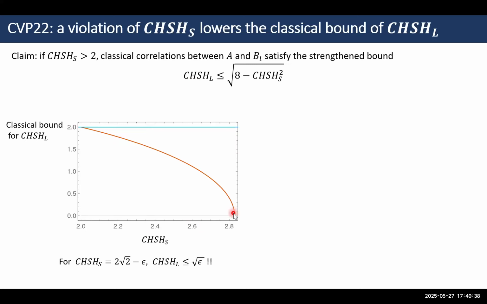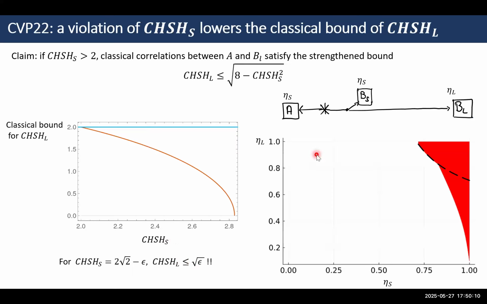If the short path CHSH value is close to the maximum, 2√2 minus epsilon, then the classical bound for the long path CHSH value will be √epsilon. So well below 2. So it becomes much easier to witness long distance quantum correlation, given that you have observed short distance quantum correlation. So why is that nice?